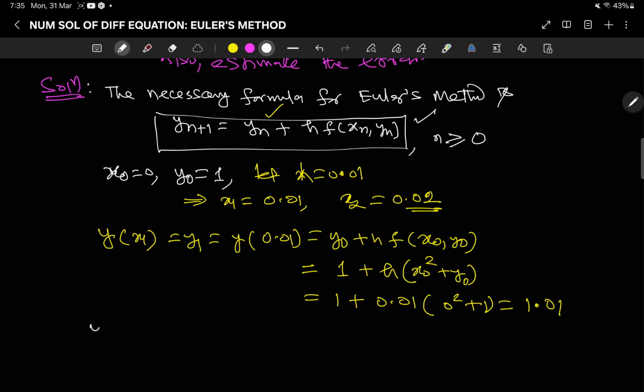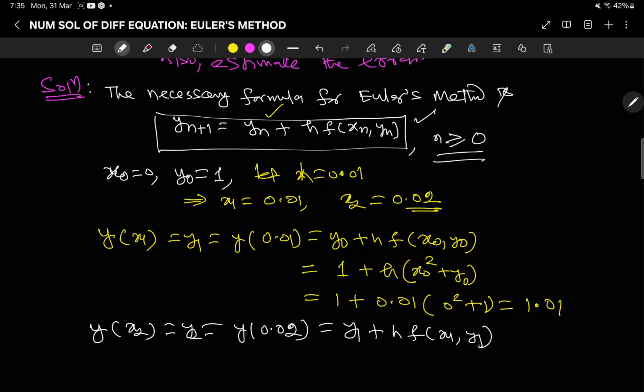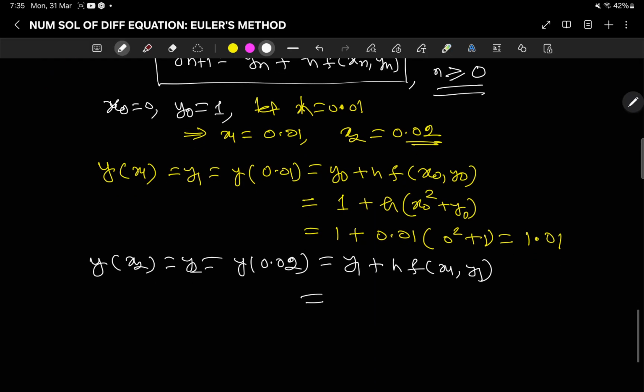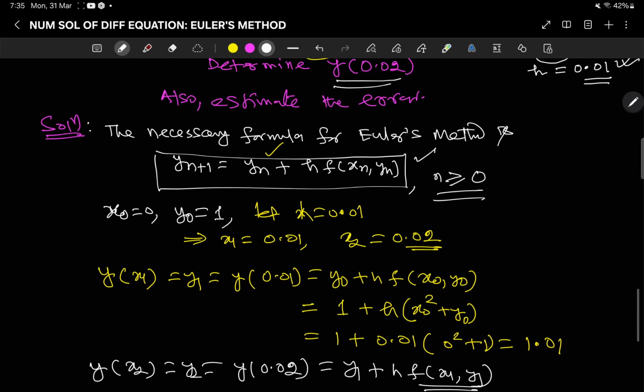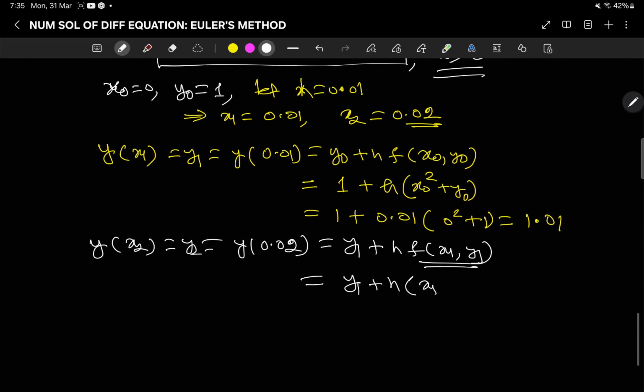Likewise, y2, which is y of 0.02, will be y1 plus h f(x1, y1), putting n equal to 1, where f(x1, y1) is x1 square plus y1. I substitute the y1 value here.